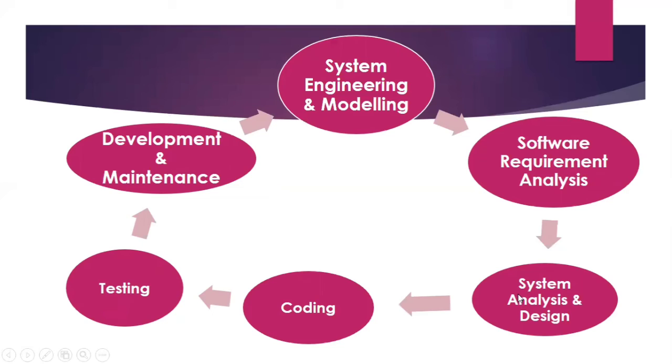It would be very difficult, and it would impact the cost for sure, and it is not at all acceptable. So whatever decisions are to be taken regarding the design should be taken during the system analysis and design phase only. So these are very key decisions. That is why system analysis and design is the core phase of this SDLC.